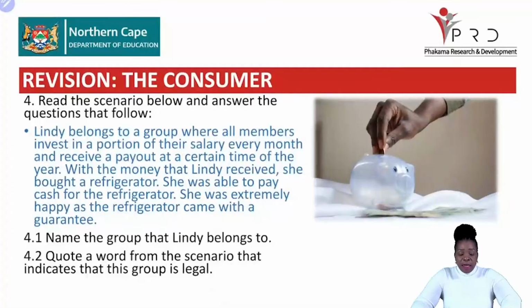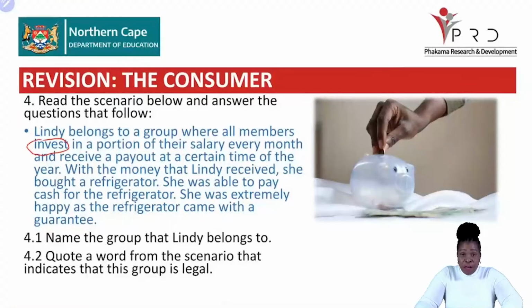It reads, Lindy belongs to a group where all members invest a portion of their salary. To invest is to keep your money aside every month and receive a payout at a certain time of the year.